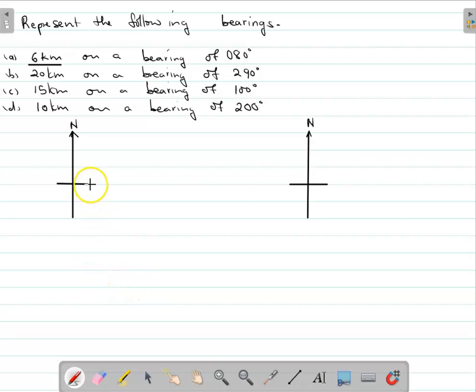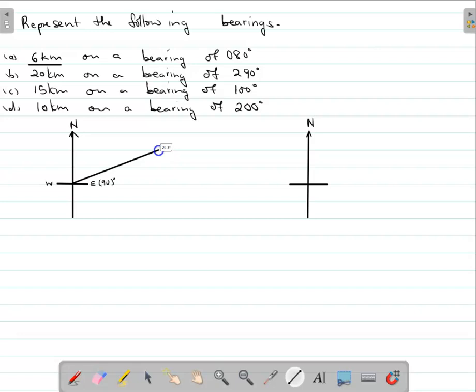So we know that this is east. And how many degrees is east? East is 90 degrees. So 80 is before 90 degrees, which means my line should be between north and east. And the 80 is close to 90, so I can draw my line like this. Remember, this is not to scale. We are not required to measure at this moment.